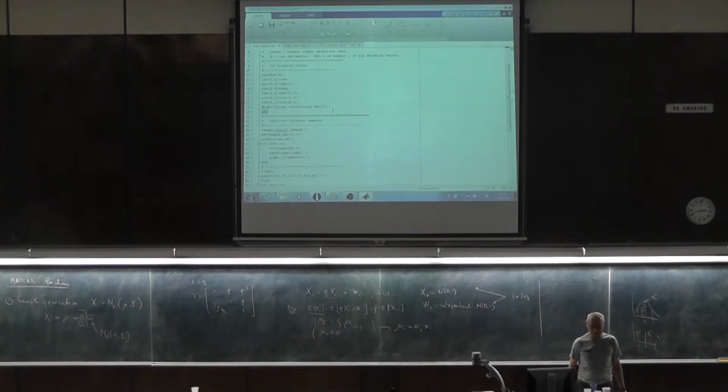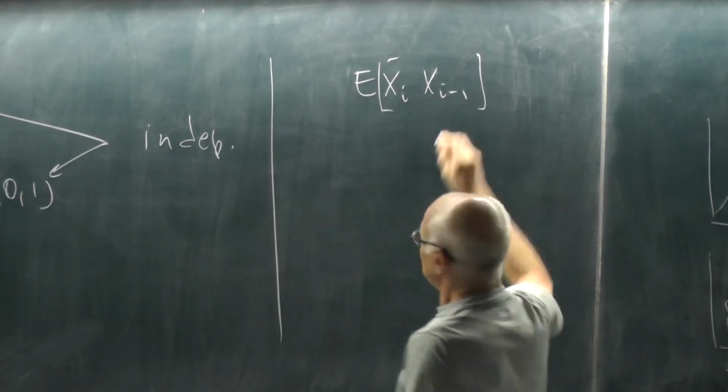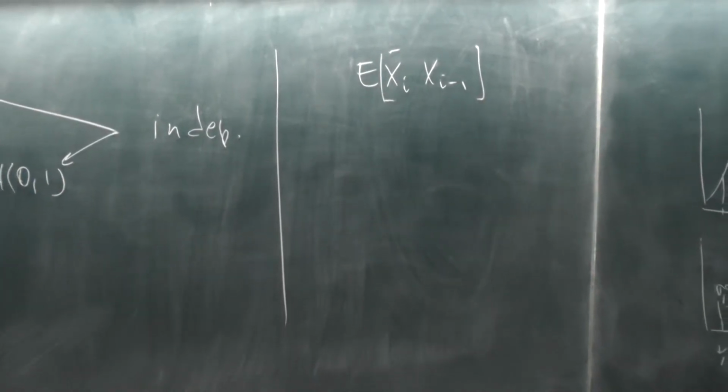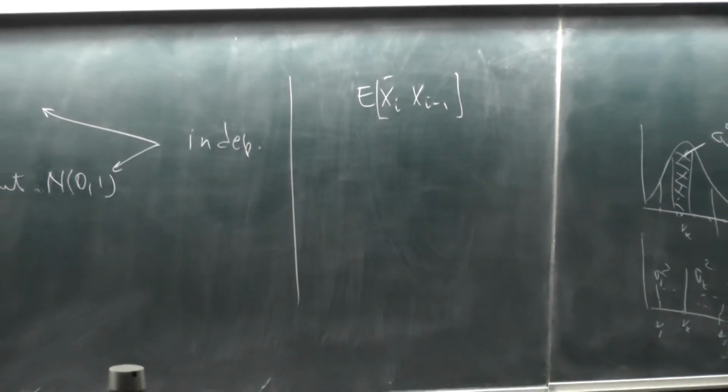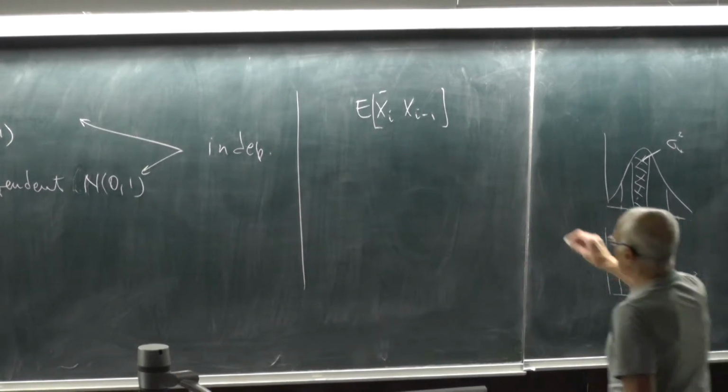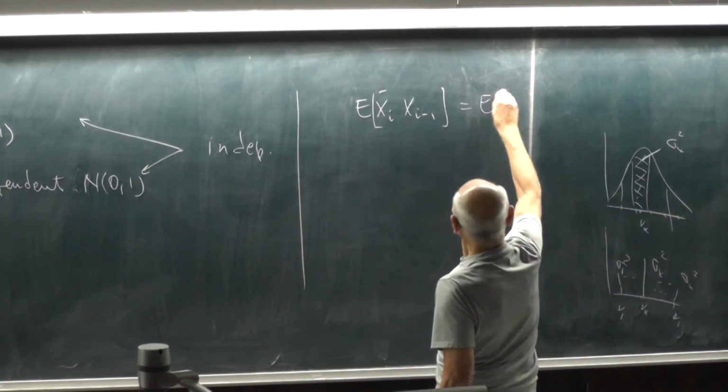Correlation for lag 1. That is, I want to find this correlation. Yeah, that would be a lag 1 correlation. Because I'm looking at the time i minus 1 and i. The difference between i and i minus 1 is 1. So use formula.